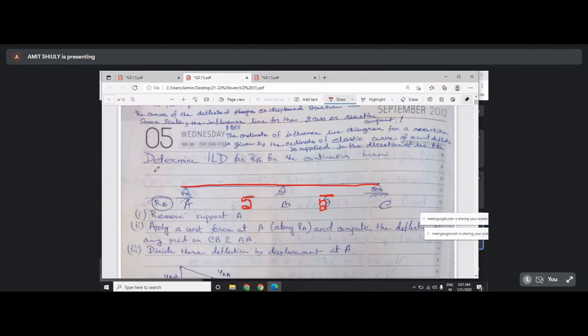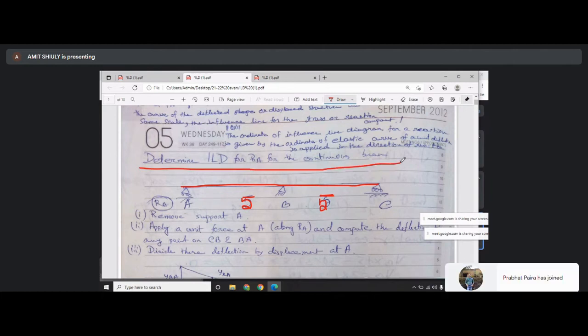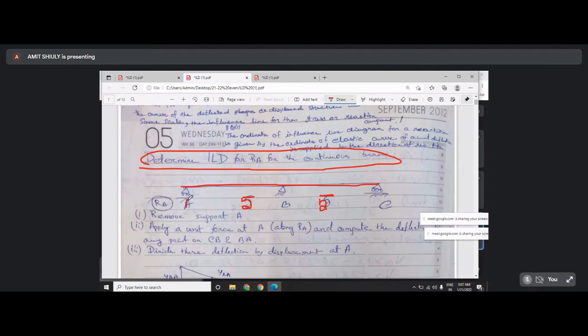So determine the ILD of RA for the continuous beam. This is 5 meter, 5 meter, this is point A, this is point B, and this is point C. Suppose this is a roller, this is a roller and this is a hinge.